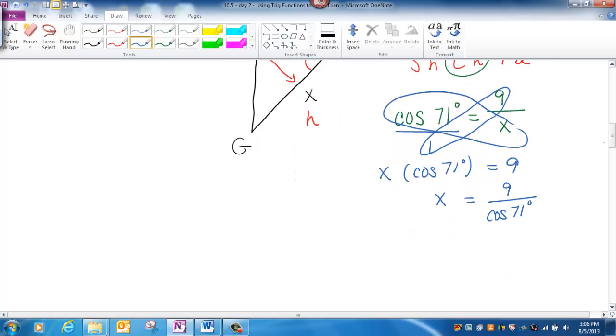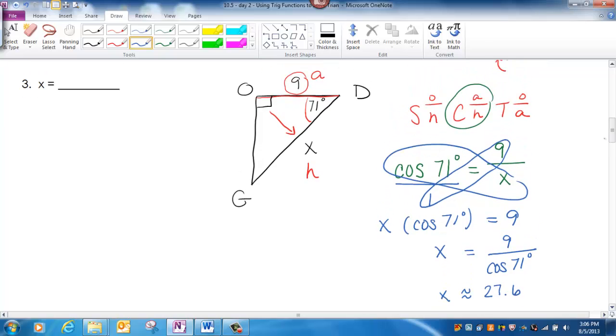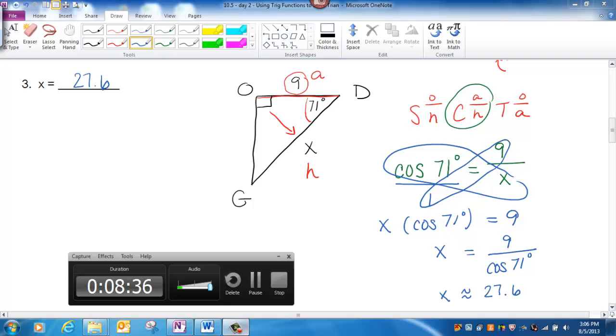And if you round this to one number after the decimal point, to the tenth place, you get that x, that side, is approximately 27.6 units long. And that's what we can put on the blank up here. Good job, guys.